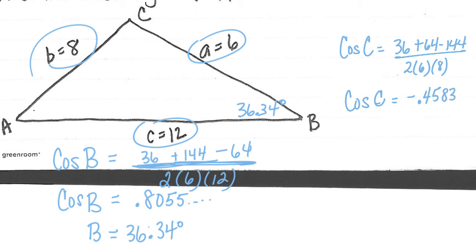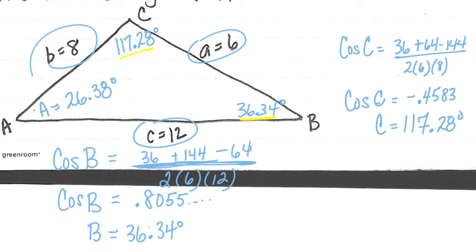Second cosine, second answer, and C is equal to 117.28. Hey, I almost drew this one to scale. And to find A, we can just take 180 and subtract that 117.28 and then subtract that 36.34. And for A, I got 26.38 degrees. How'd y'all do?